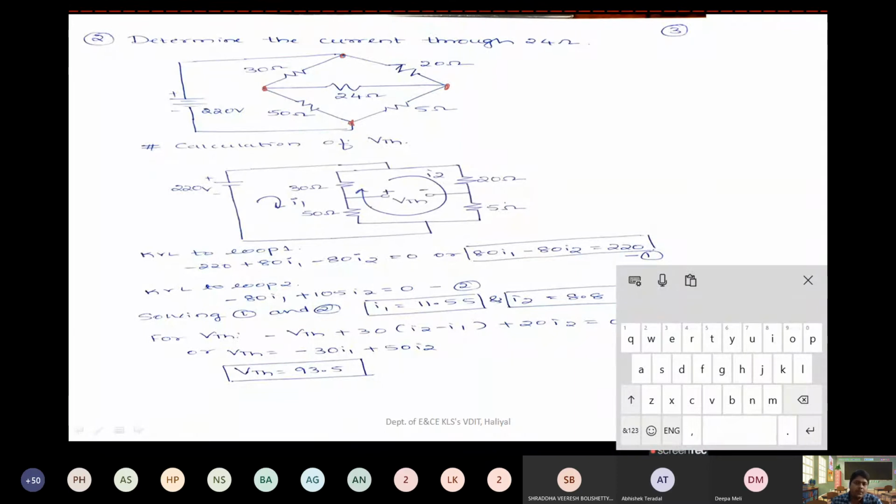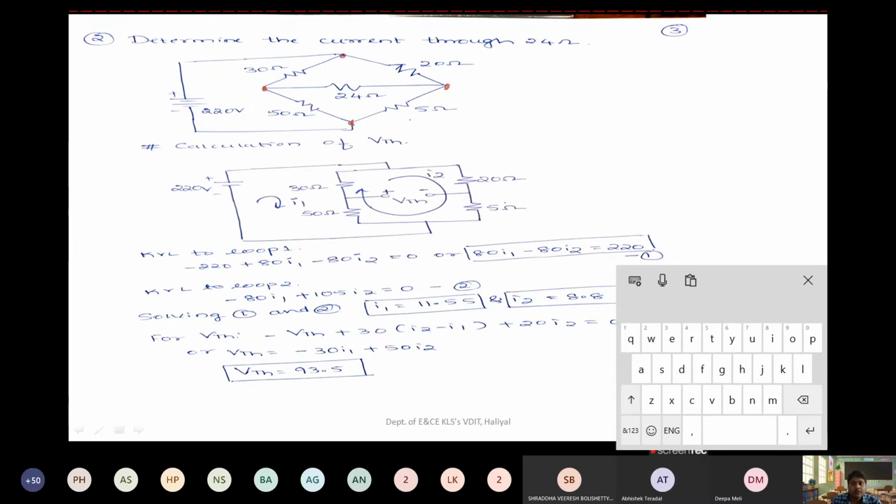First step, calculation of VTH. First you observe, are there any dependent sources? No. The entire network has only independent passive elements and independent active elements.